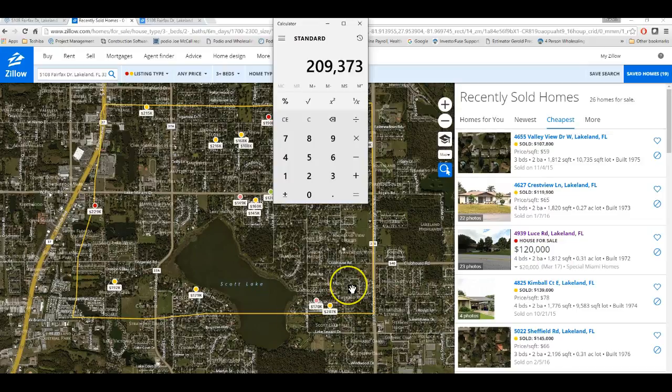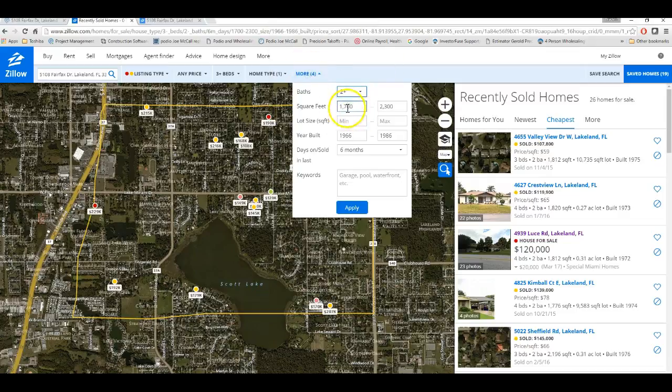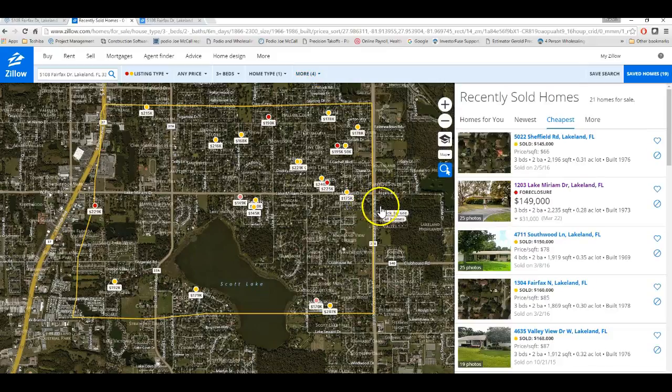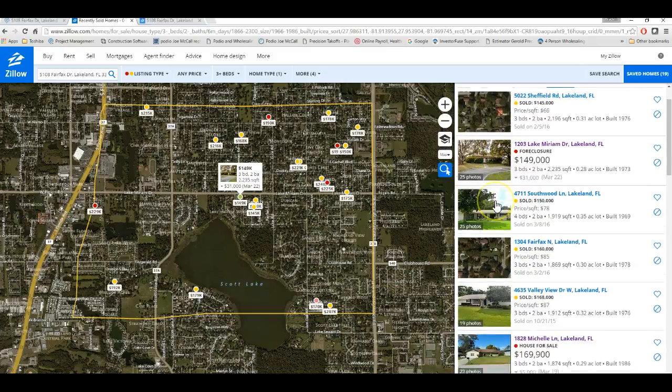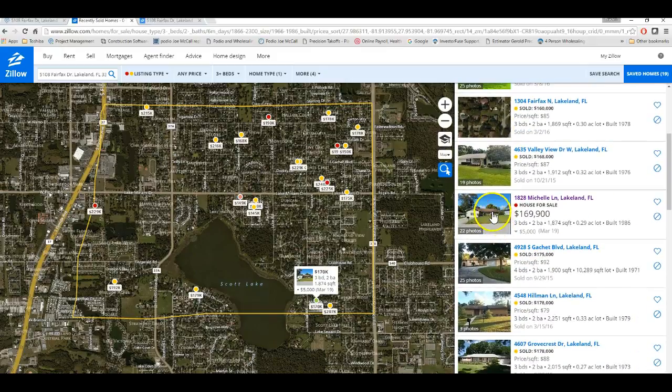So 2073 minus 207 is 1866. So is that within? If we actually did our 10% exactly and say we do 1866, then that 120 really doesn't even apply. So the next cheapest house for sale is 149 and then 169.